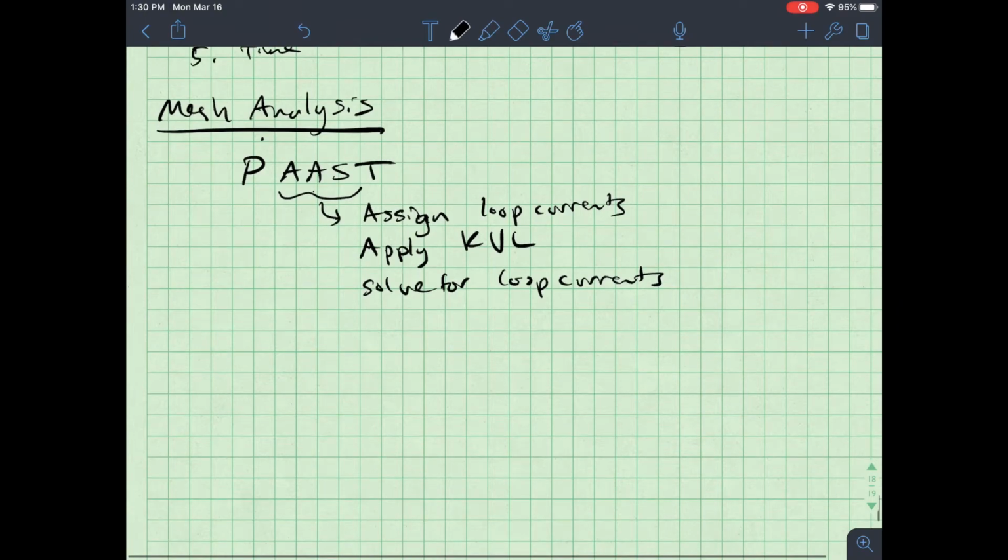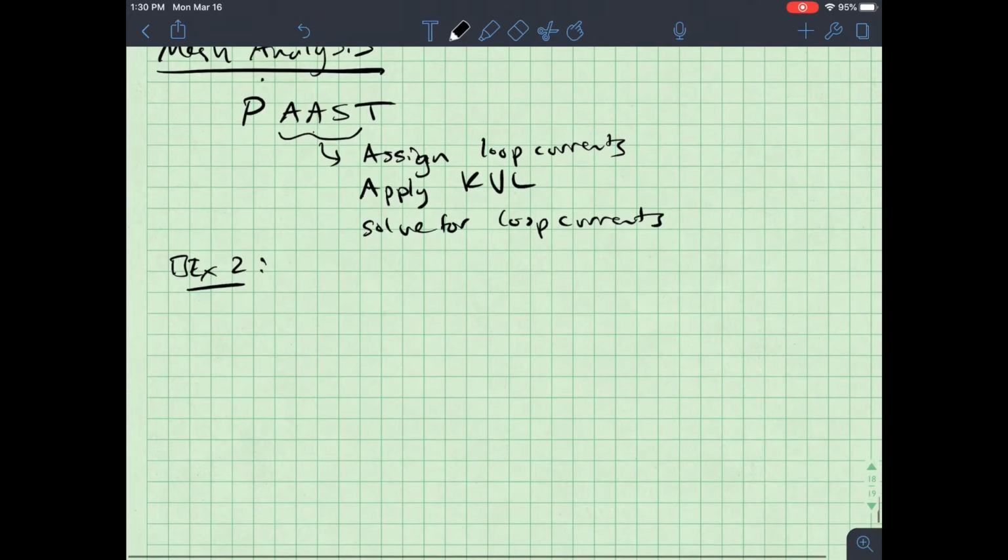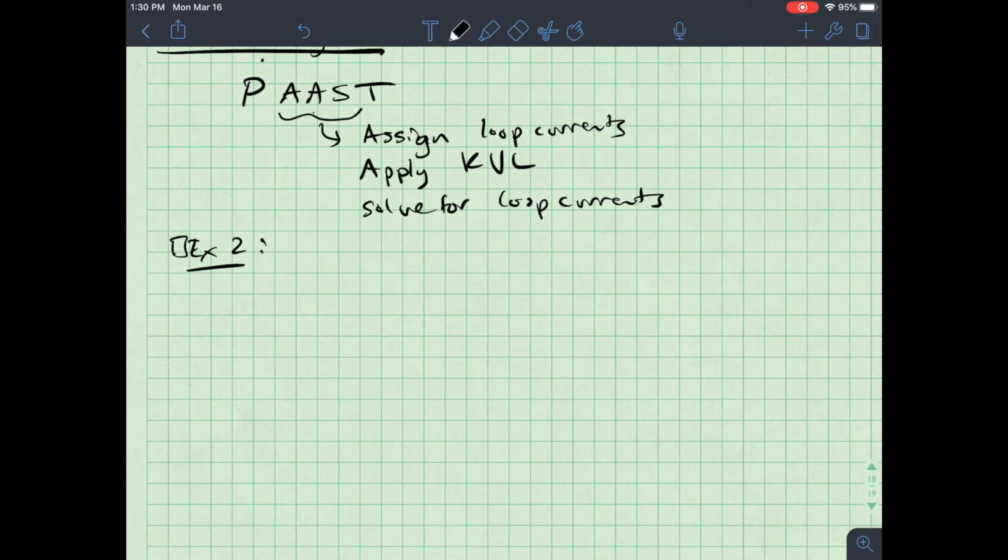So we're going to apply this immediately to an example. We'll call it example number 2. Here we go. So I've got the following. I've got a current source, which is 4 angle 0 degrees.